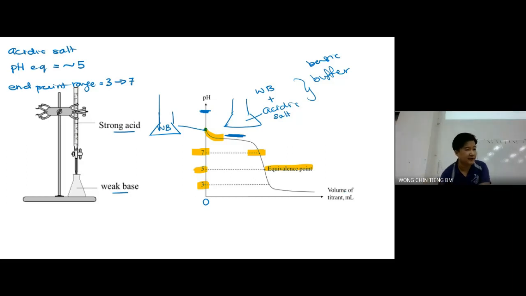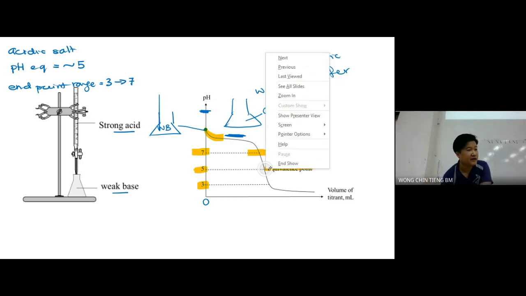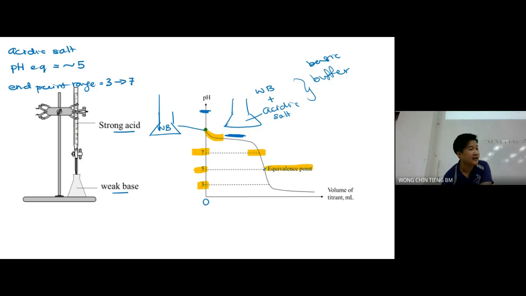Okay? Never mind, continue. Equivalent point. What do you have in equivalent point? Acidic salt with water.